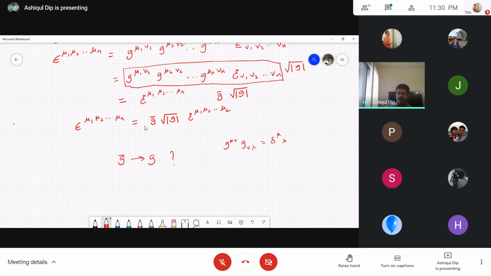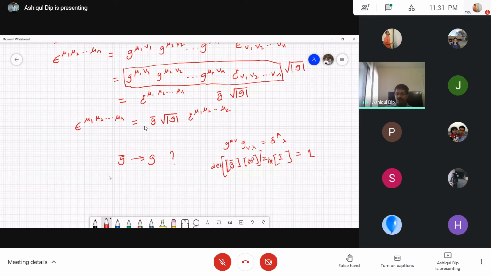This is nothing but the matrix of G bar times the matrix of the metric tensor ds square, equals the identity matrix. If you take the determinant on both sides, the determinant of identity is what? 1. The determinant of identity is always 1.